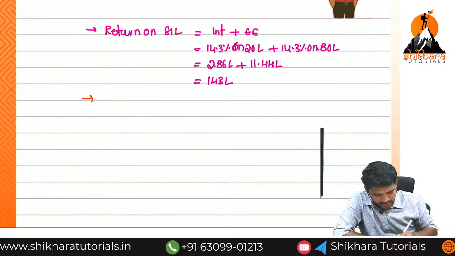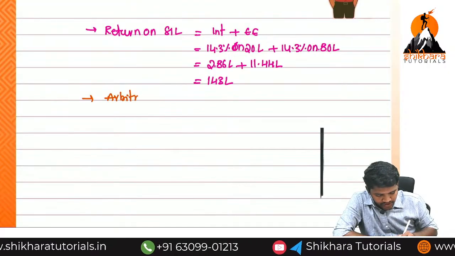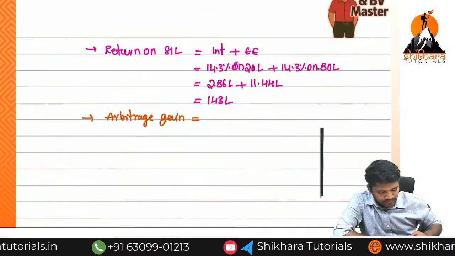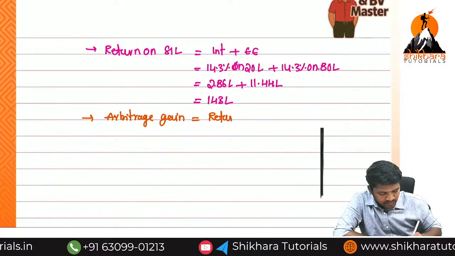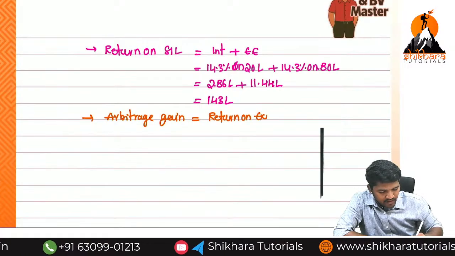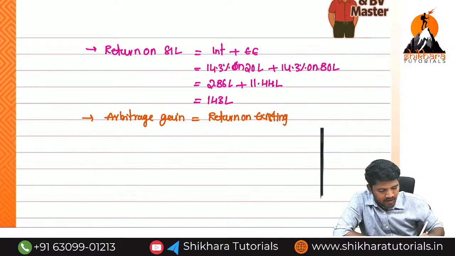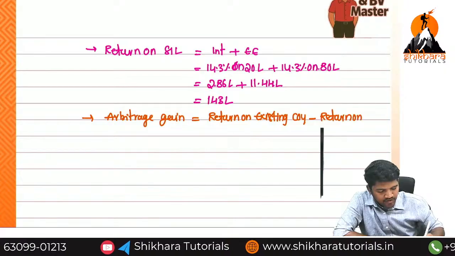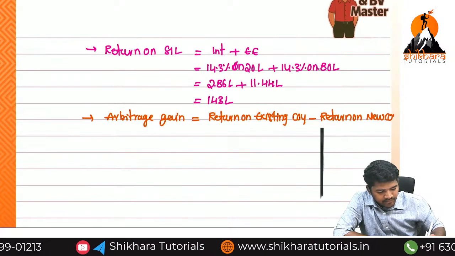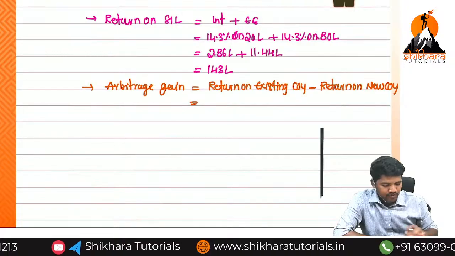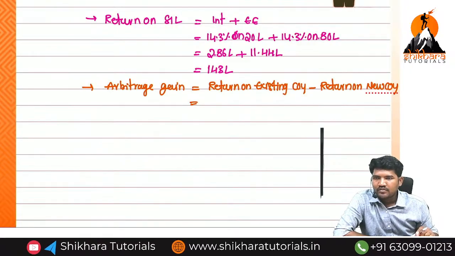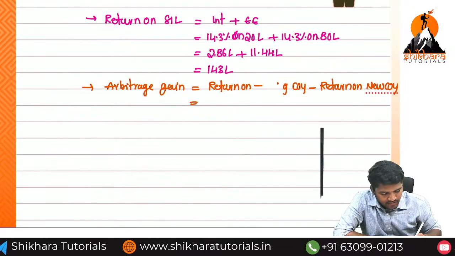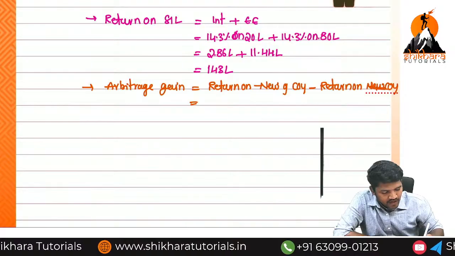Now it's time to calculate arbitrage gain. That equals the return on existing company minus the return on new company. Now if you solve like this, you will get a negative answer. That's why reverse the new and existing: new company minus existing company.